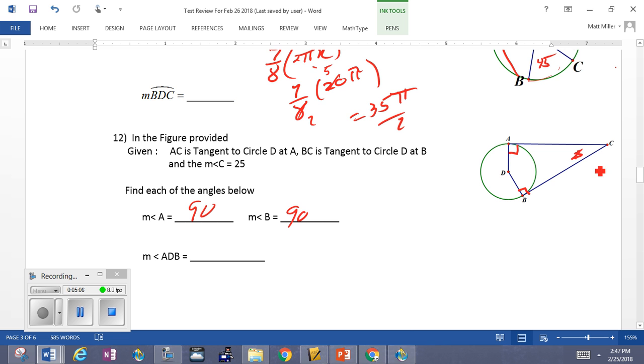Now we pointed this out previously. This figure is a kite, and we also know all the angles add up to 360. So we already spent 90 and 90. So ABG is 180 minus 25, right? 155.